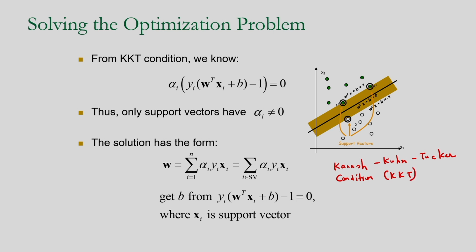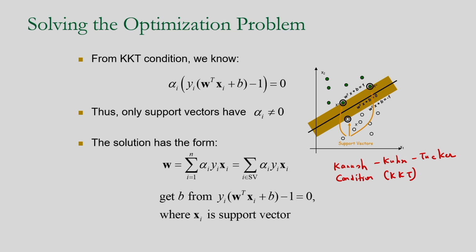It is used in mathematical optimization. It is nothing but the first derivative test. It is also called the first order necessary condition for a solution in nonlinear programming to be optimal, provided that some regularity conditions are satisfied. So this is briefly what the KKT is.